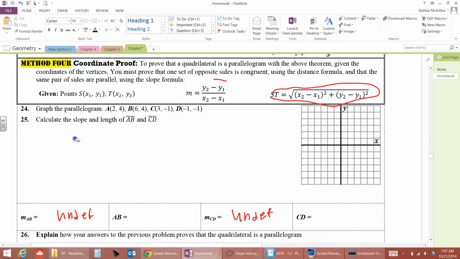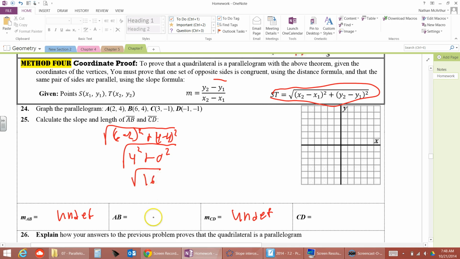Now I'm going to use the distance formula, and I'm going to say I need to do the distance of AB. I'm going to say square root of 6 minus 2 quantity squared plus 4 minus 4 quantity squared gets me 4 squared plus 0 squared, and then this gets me square root of 16. Again, you don't have to simplify it if you don't want to, which I don't.